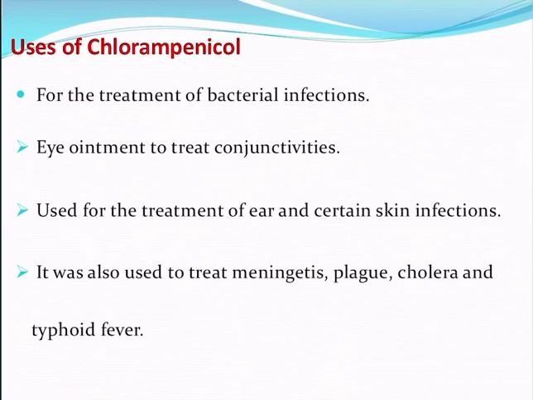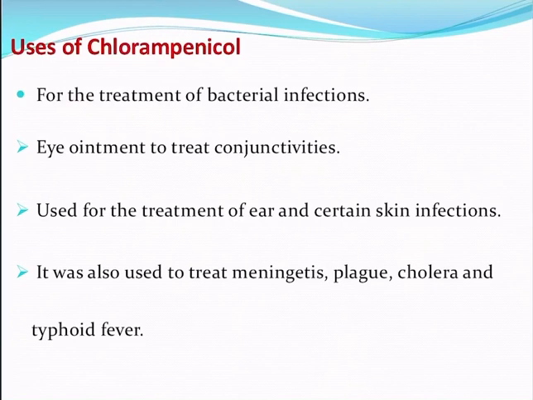Okay, so the infection, what we can see in our eye, the white part, will get infected due to bacterial infections. So for that, we are going to use an ointment which consists of chloramphenicol. It is also used in the treatment of ear and certain skin infections.